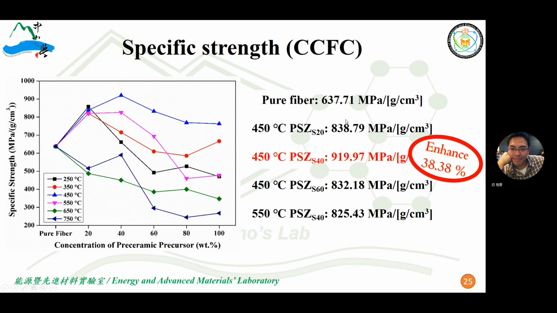So the highest specific strength means that this fiber composite has the highest strength with low density. That means it's light, its weight is light with the highest strength.